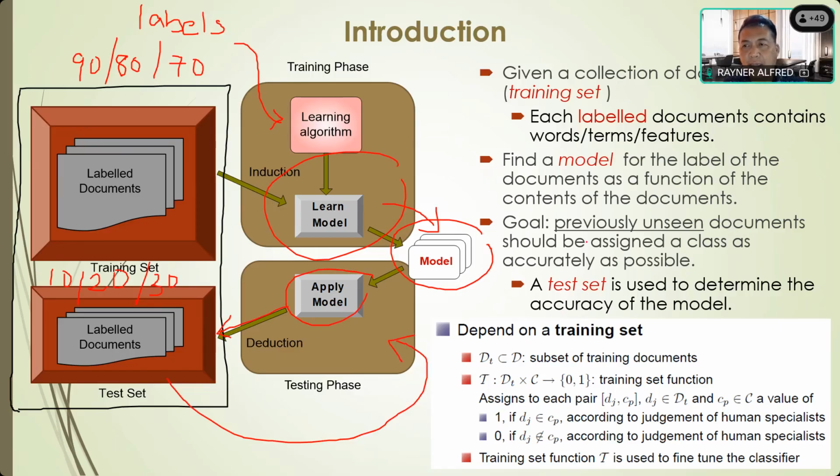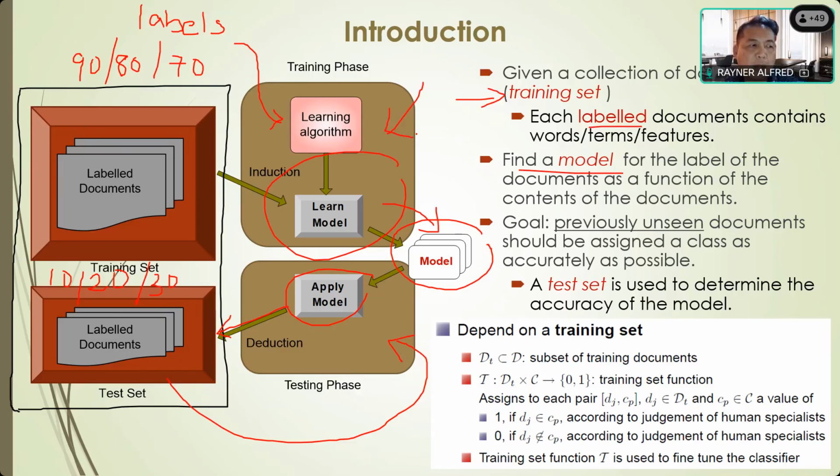So we have the training data set and each one of them is labeled. When we say find a model here, it means that we will optimize the model or we may try different models. Okay, so for instance, we can use a support vector machine, or we can use the KNN, or we can use decision tree, or we can use naive Bayes.